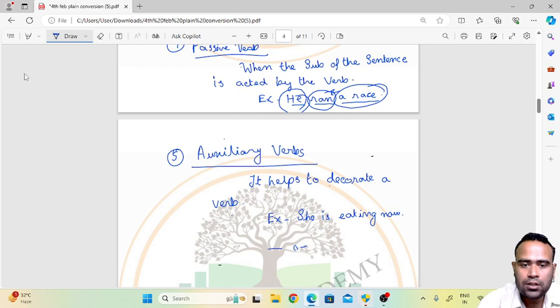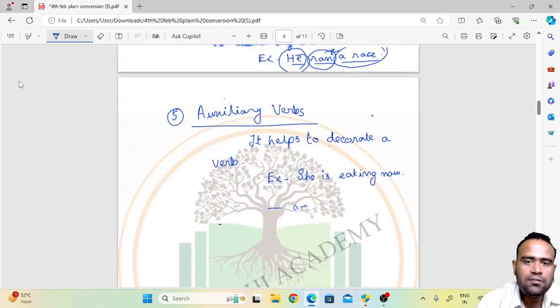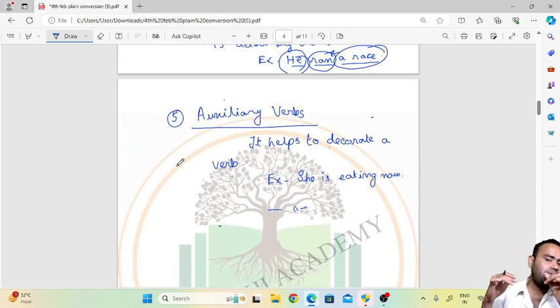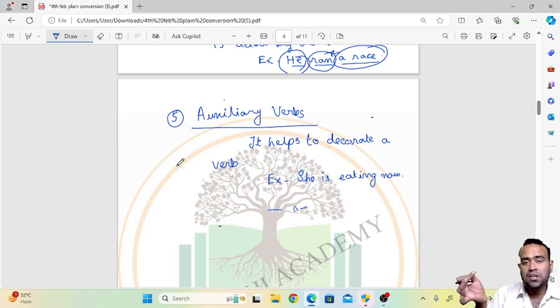We will now go to the next one, auxiliary verbs. Auxiliary verbs are verbs which mostly help to decorate the verb. Sometimes it stands alone and can act like a verb, but one of its main functions or key features is to decorate the verb. So we will find out what is the use of an auxiliary verb. She is the subject here.